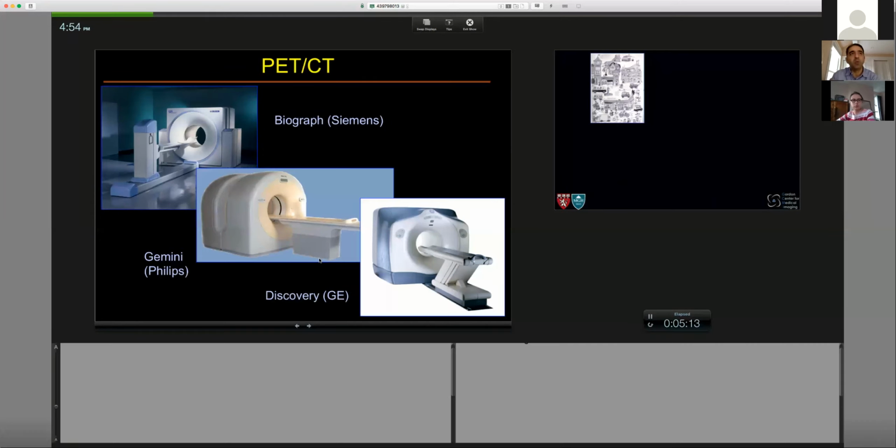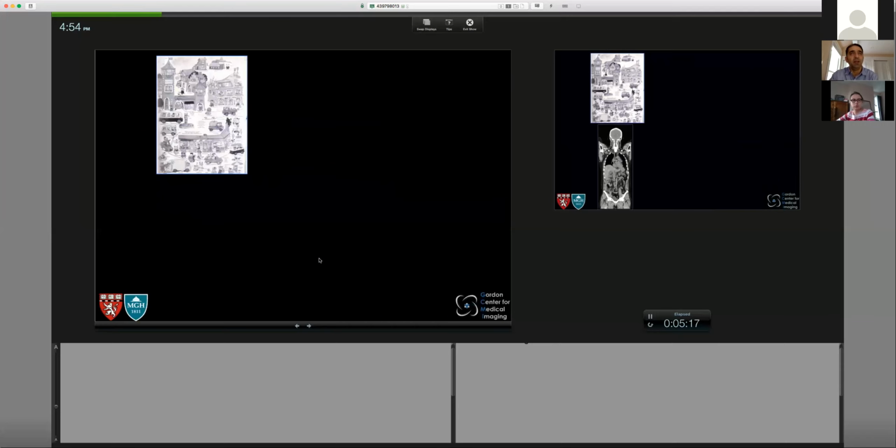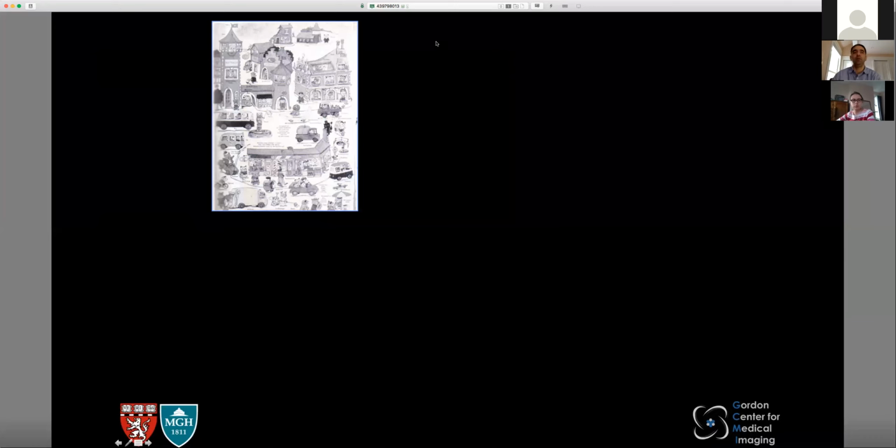What is important to remember is that the CT part of the PET-CT is not there only for looking at the anatomy, it's not only because we're trying to correct the attenuation.